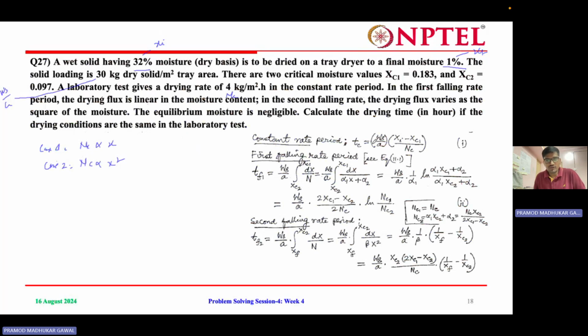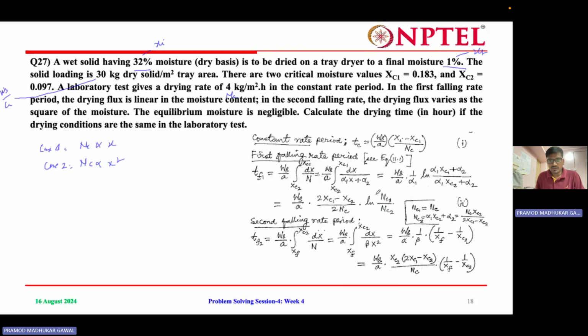So here are the formulas to calculate the time. TC, the time in the constant rate period, is equal to WS by A into Xi minus Xc1 divided by NC. For the first falling rate period, there are some derivations, and the formula is TF1 equal to WS into Xc1 minus Xc2 divided by NC into ln of NC1 divided by NC2. For the second falling period, you get the formula TF2 equal to WS into Xc2 divided by NC into ln of Xc2 by Xf.